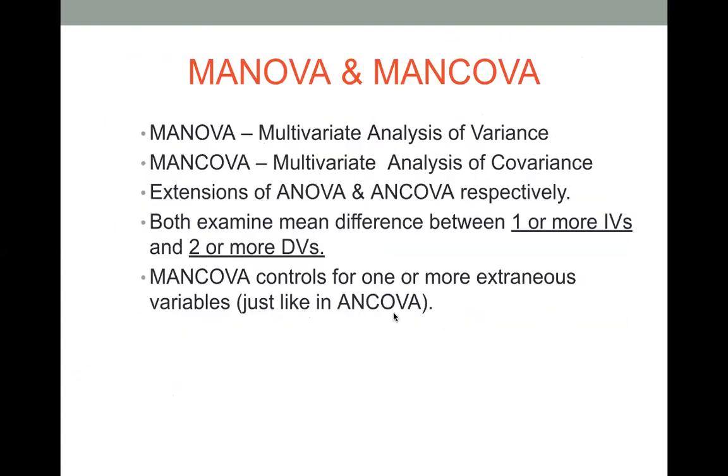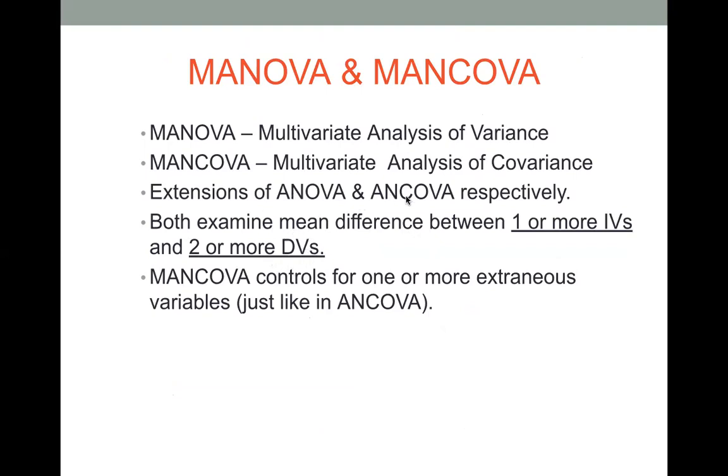MANOVA is multivariate analysis of variance, and MANCOVA is an extension of ANCOVA. Both examine the mean difference between one or more independent variables on 2 or more DVs. So the additional DVs are the difference.